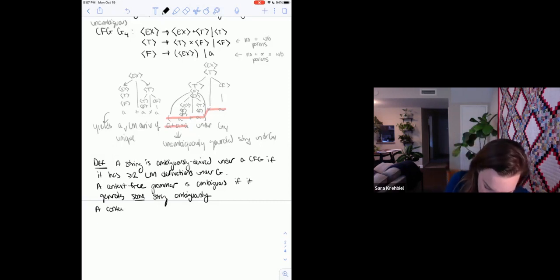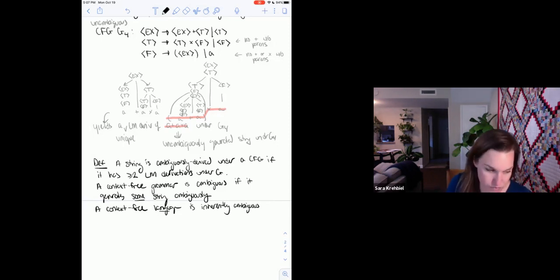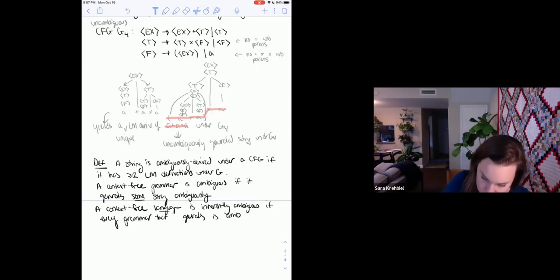But finally, a context-free language, we're going to say, is inherently ambiguous if every grammar that generates it is ambiguous.